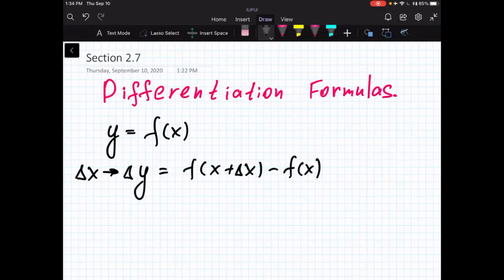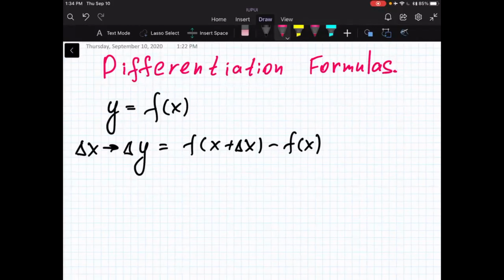And now let's try to calculate the derivative of the product. So this kind of small topic, product rule.